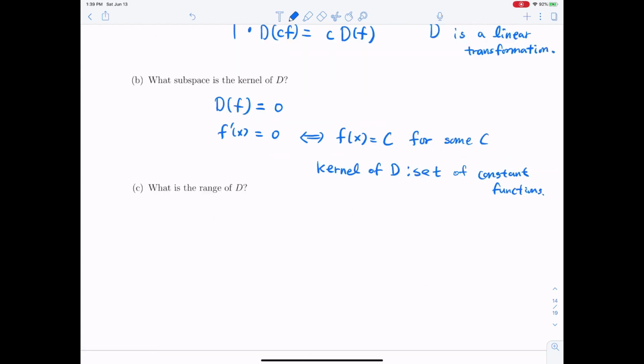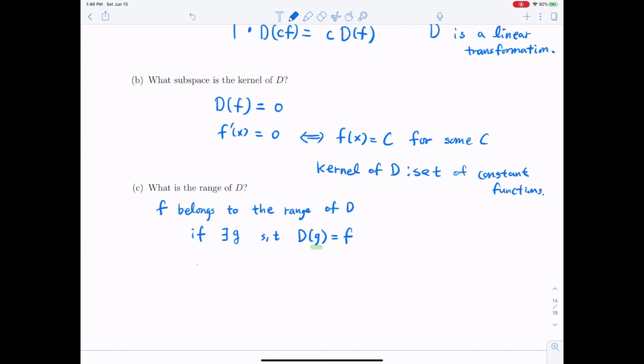Okay, then how about the range? Well, the range is, by definition, f belongs to the range of D if we can find a function g such that g solves this equation. But we know how to construct g in this case.